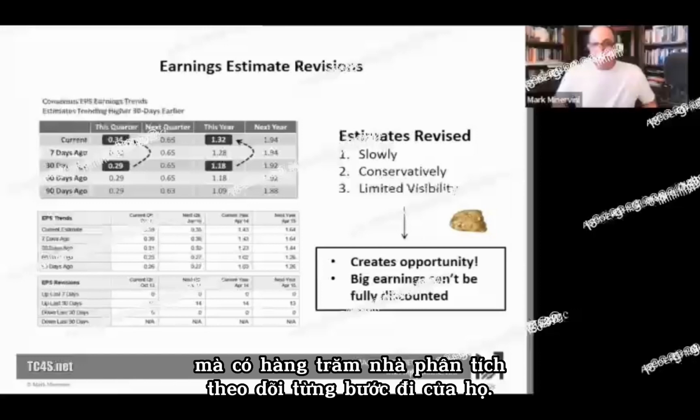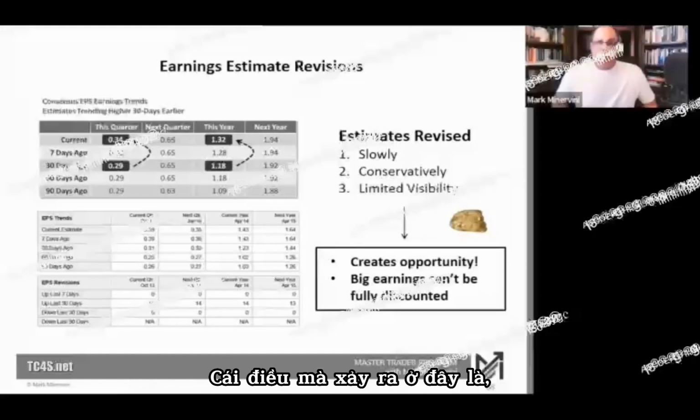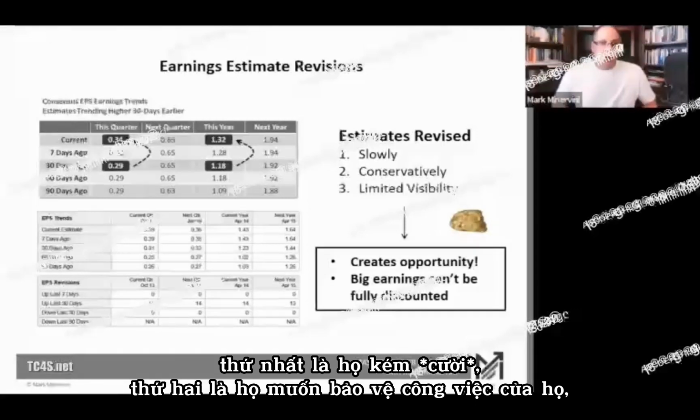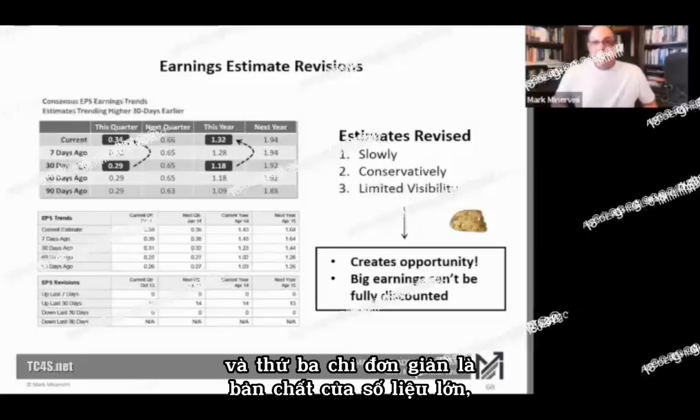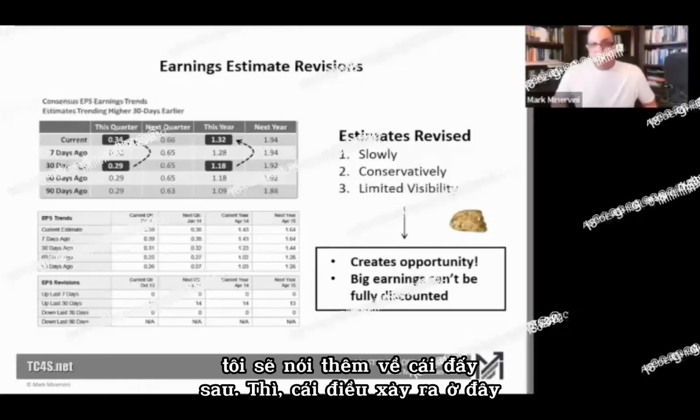What happens is that for a couple reasons. One would be purely just skill. Two is to protect your job. And three is the nature of large numbers, which I'm going to show you in just a second.